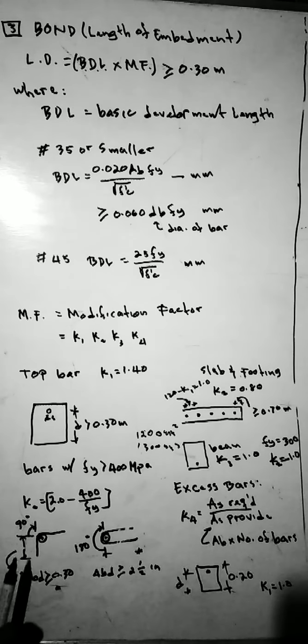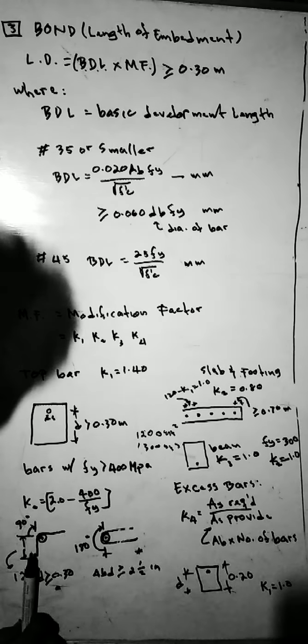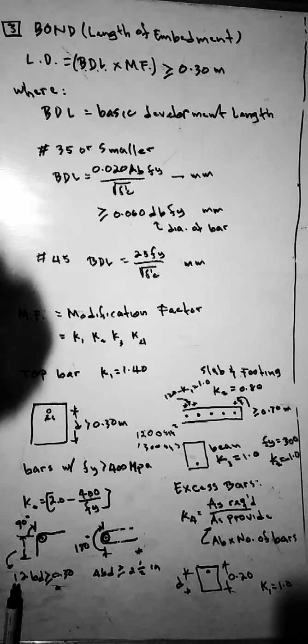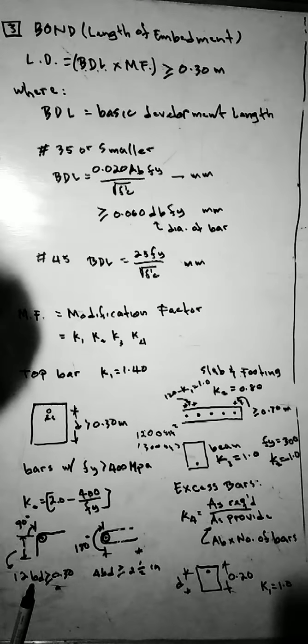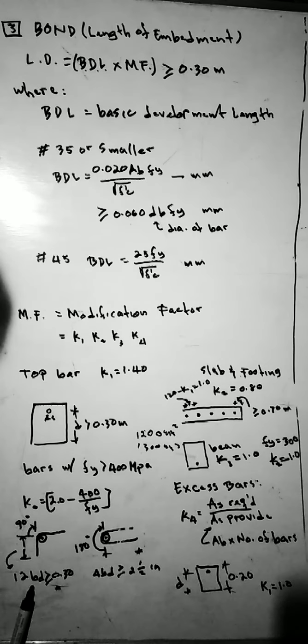For the 90 degrees bend, the development or the embedment length is 12 times dB. dB here is the bar diameter, and must be greater than or equal to 0.30. That is the length of embedment.